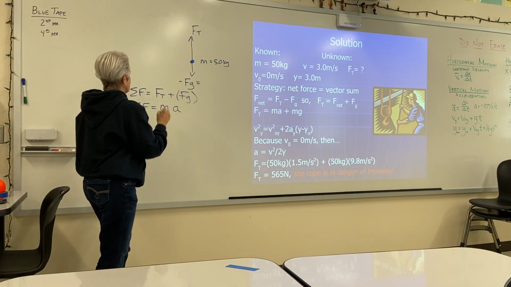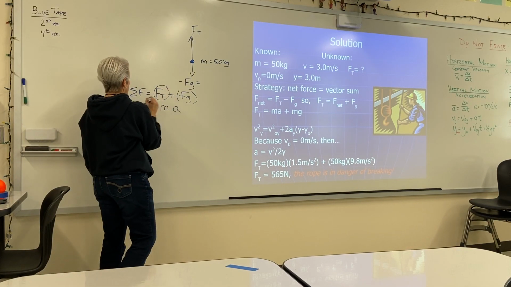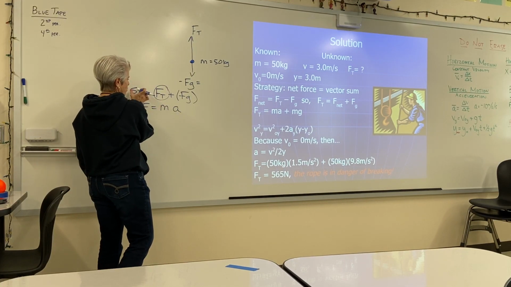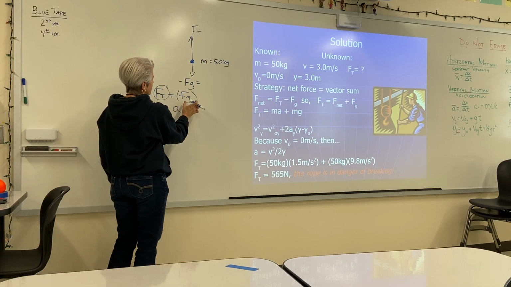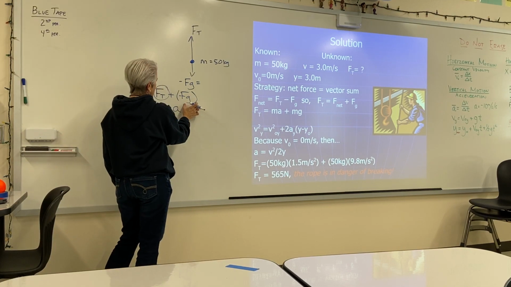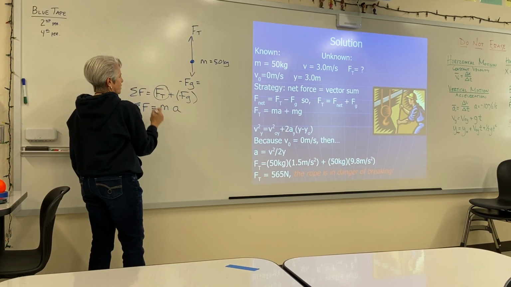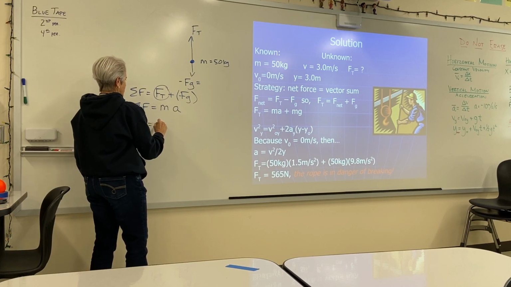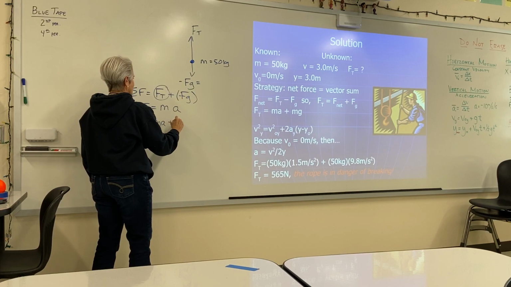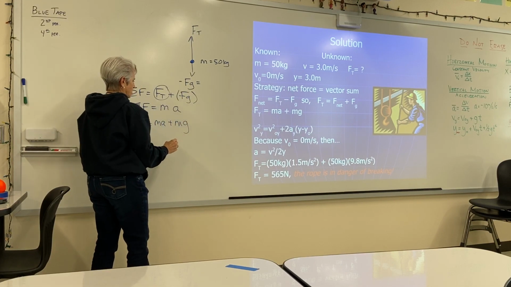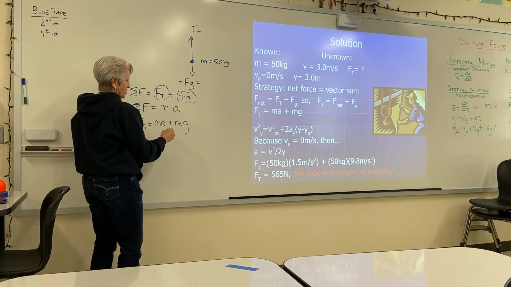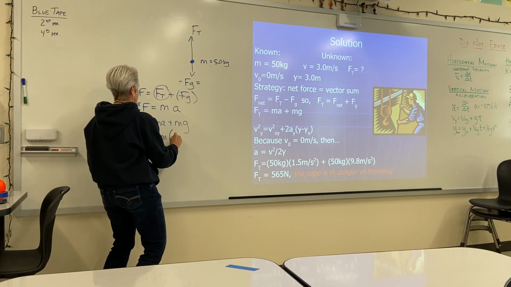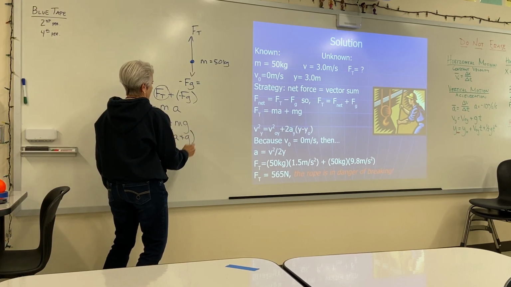So if I'm trying to figure out what this is, I have two equations. I can plug in ma for net force, and I can plug in mg for Fg, and I'll rearrange to solve for Ft. And I end up getting that Ft is going to be ma plus mg. You can factor mass out of this, and you can get Ft is mass times (a plus g).